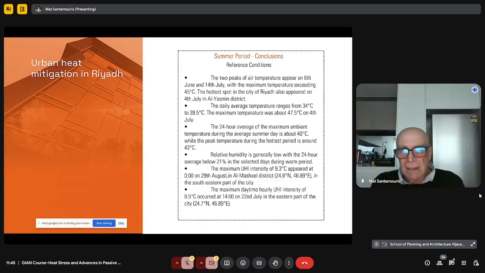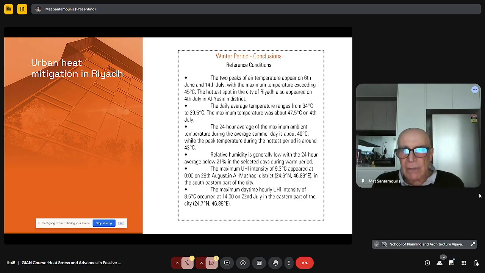The urban heat island has some important variabilities with an average of 2-3 degrees, but in some cases and under specific conditions, which give us a lot of information, it may go up to 8 or 9 degrees. This is what is happening during the summer period.